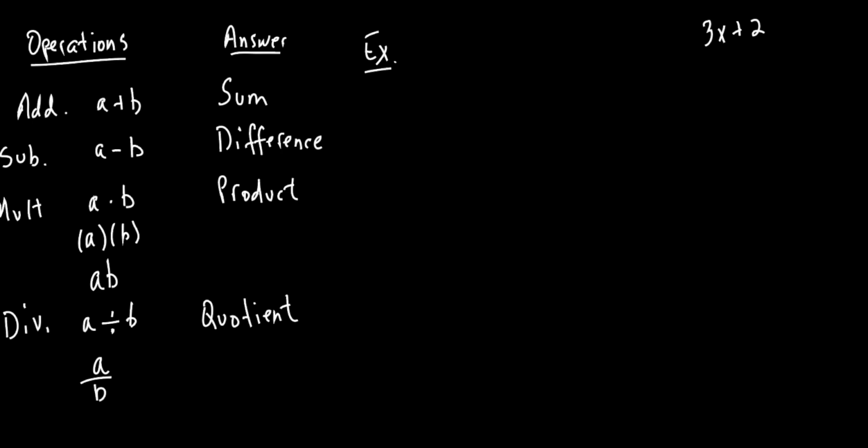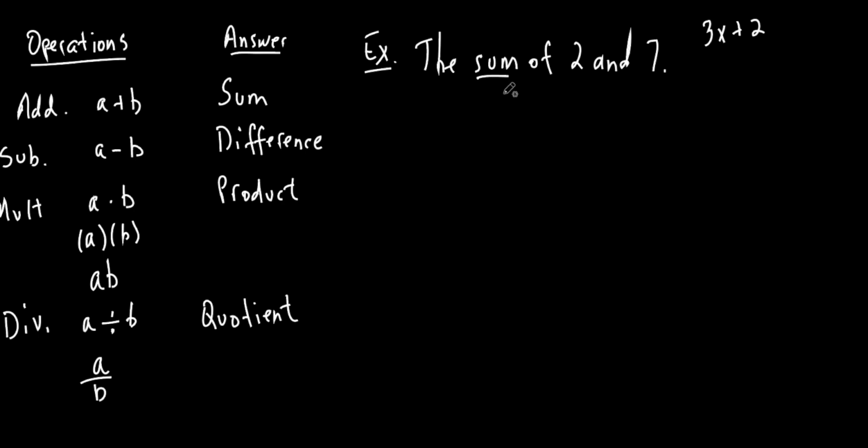So that's what we're going to do. They're going to give you some words, and you're going to write down the algebraic expression. So here's the words. It's the sum. First one's super easy. The sum of 2 and 7. All right? So what you have to do is just write down that expression.